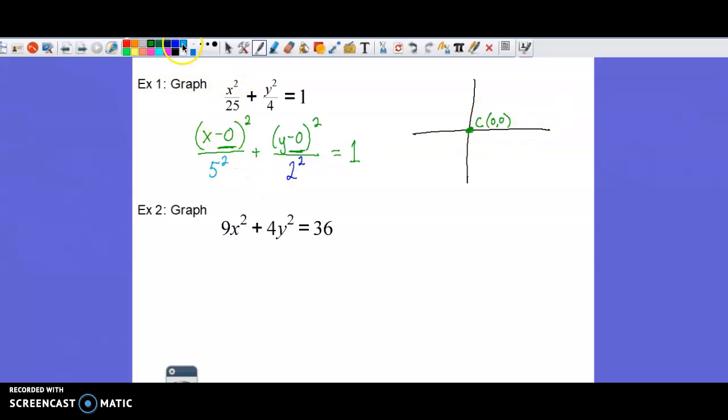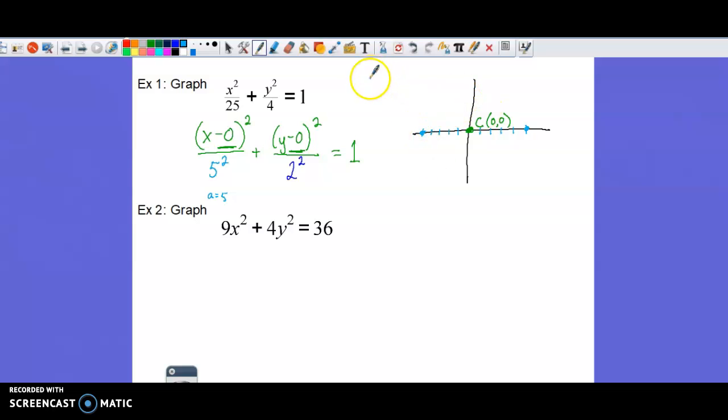The fact that the 5 that's squared is underneath the x means the length of my a value is 5. So from the center, I can count to the right 5 units. I can also count to the left 5 units.